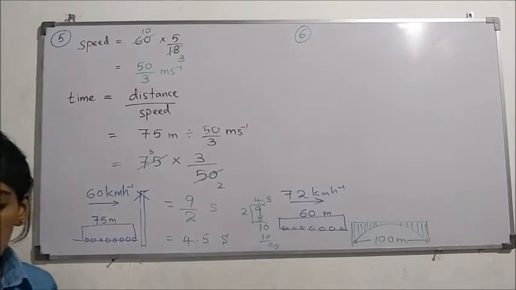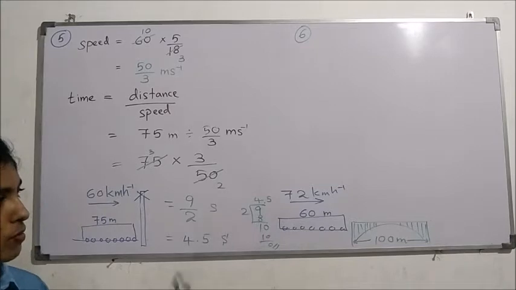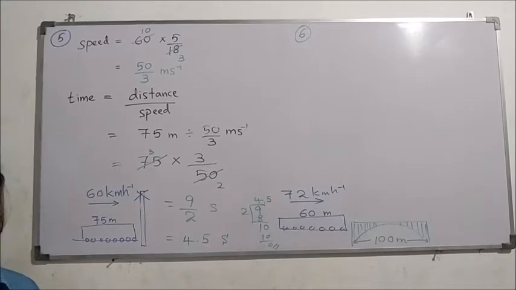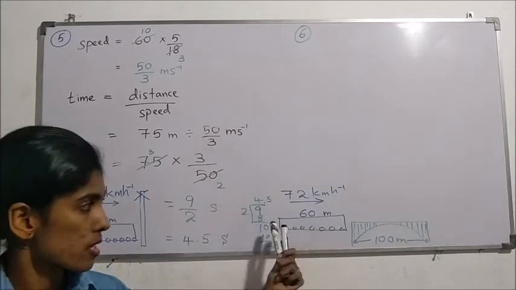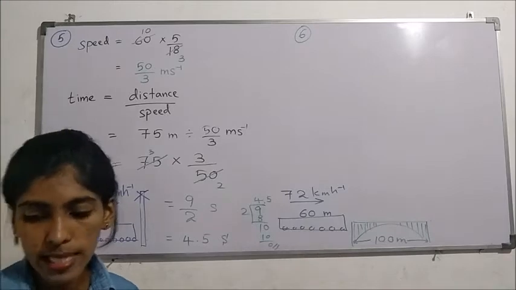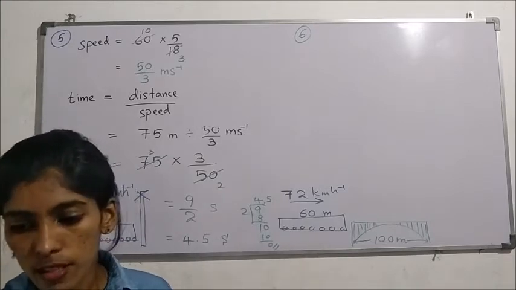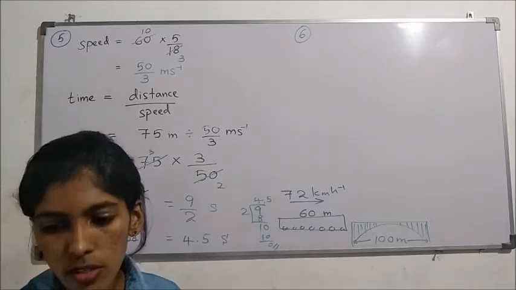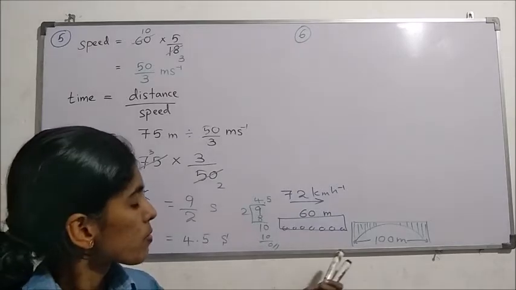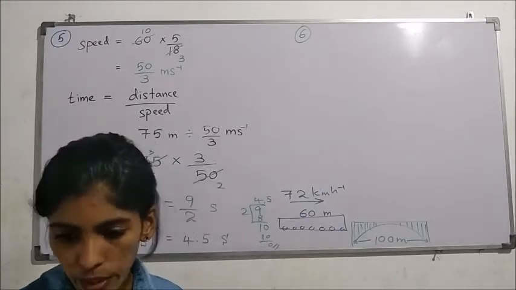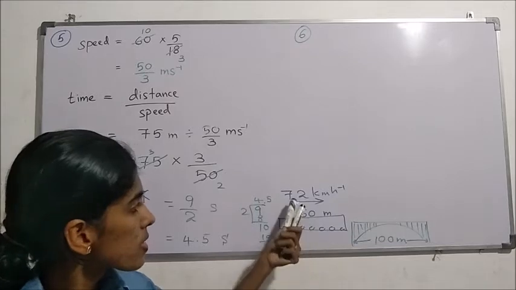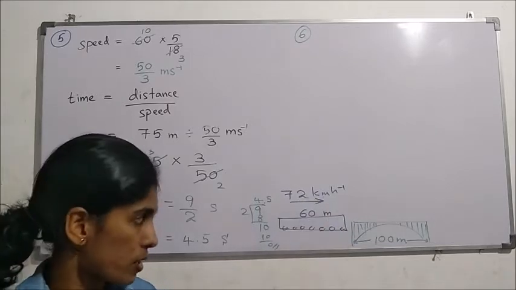So the next question is question number 6. Find the time. Again we need to find the time taken by a train of length 60 meters. Now the length of the new train is 60 meters and it's crossing a bridge which is 100 meters long and its speed is 72 kilometers per hour.